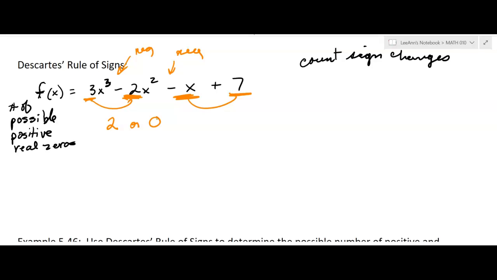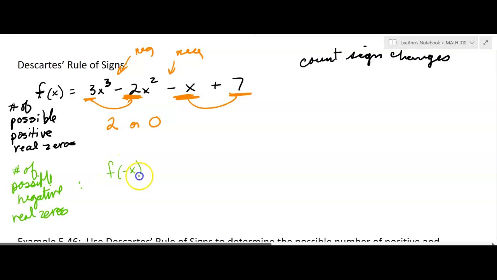Now, we can also do it for negative. Number of possible negative real zeros. Well, what you do is you take f of negative x. So you're going to put in a negative x for all your x values.